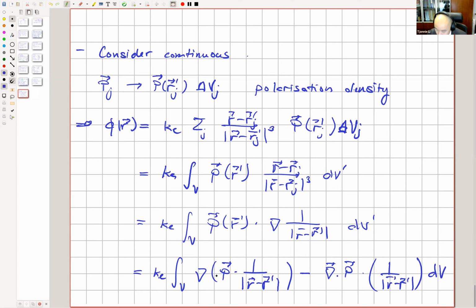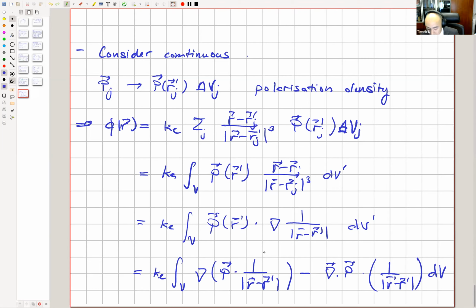This is the same as integration by parts, if you will. If I just expand this, I get here the divergence, and then here I get the gradient of this, and so this minus this term gives me this term over here.